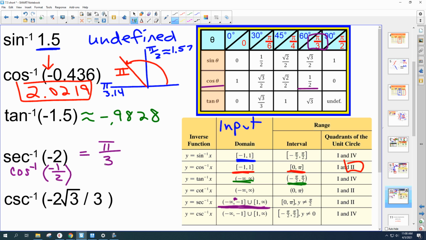Am I allowed to have a negative answer? I'm not allowed to have a negative answer. How I have to deal with that is I have to stick it in that second quadrant. We've got a pi over 3 reference angle in the second quadrant. This is pi, 3 pi over 3, meaning this must be 2 pi over 3.